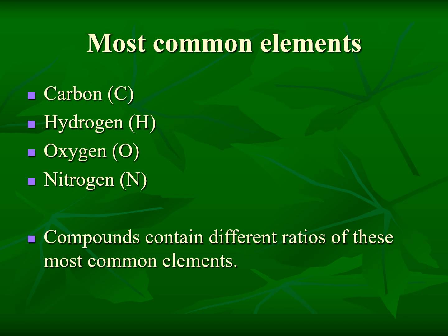Oftentimes you hear us talk about compounds. So what's the difference between an element and a compound? A compound is when you have a combination of elements and they're in a particular ratio. If we were to look at, say, water, water is a compound. It is composed of hydrogen and oxygen.